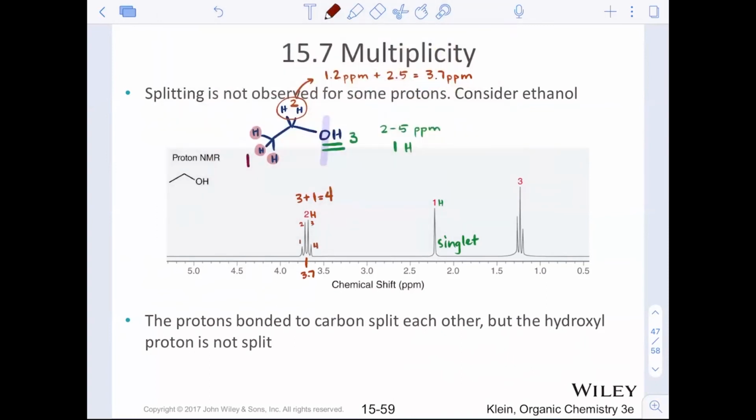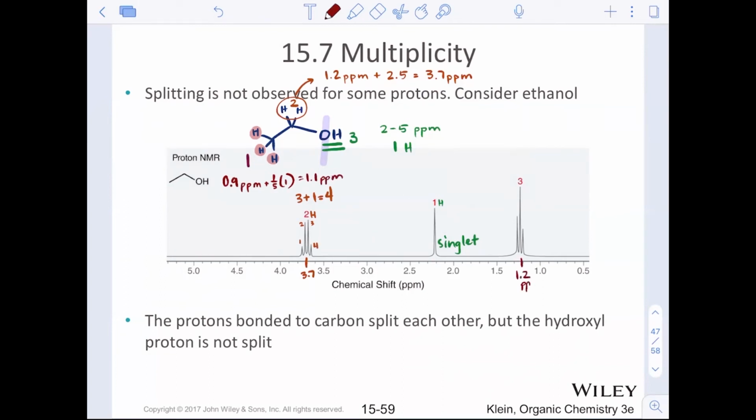Now, the methyl group starts at 0.9. It's beta to an oxygen. So it's 1/5 of 1 or 0.2 being added onto its shift. So that's 1.1 ppm. Excellent. 1.2, that's fine.